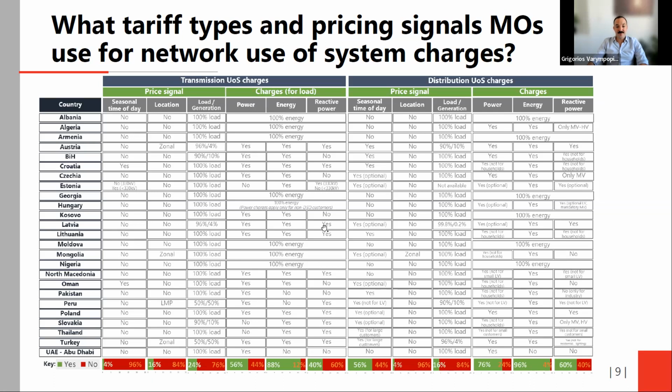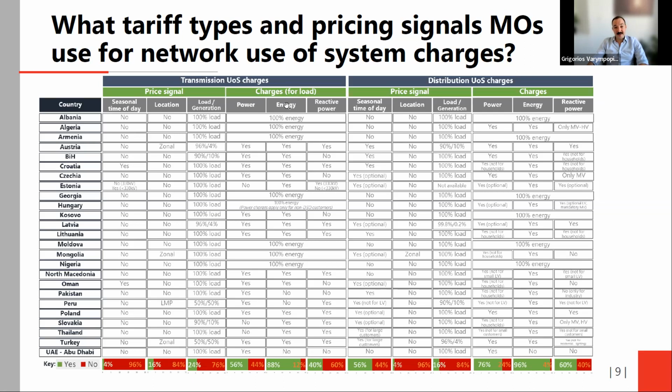Then the next set of information is for charges for consumers. So if the tariff design includes a power charge, which means either a charge for maximum metered capacity or an access charge, which we define it as per contracted capacity.